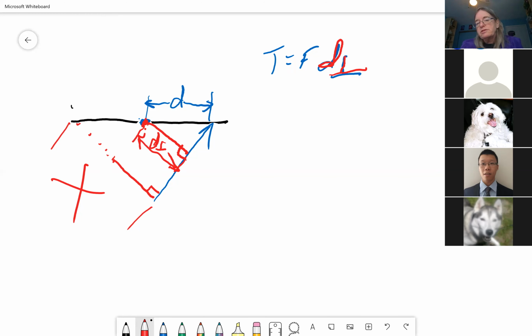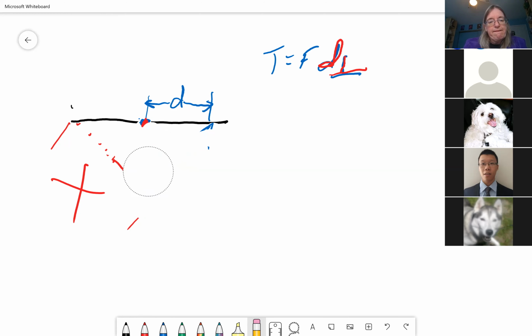Now, that one's somewhat easier. I really have three situations. I'm coming at it from this angle, like I just showed, or I'm coming straight at it.